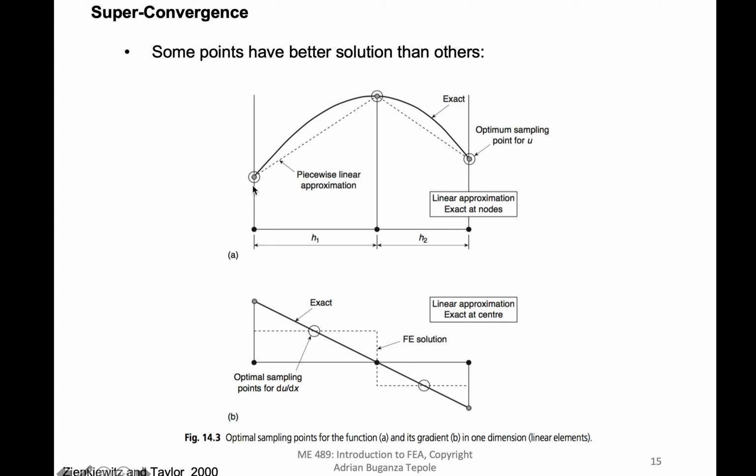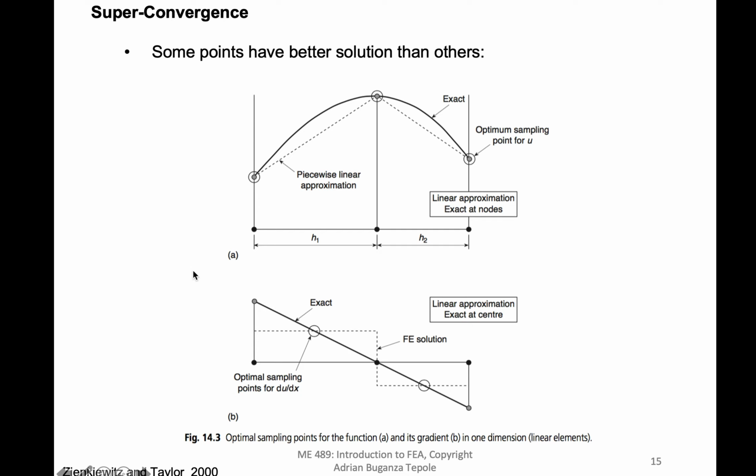The best point to evaluate the displacement solution will be at the nodes. The displacement at the nodes is going to be very accurate, but inside of the element it is going to be less accurate. The error inside of the element for the displacements is going to be bigger, but at the nodes it is going to be the best.